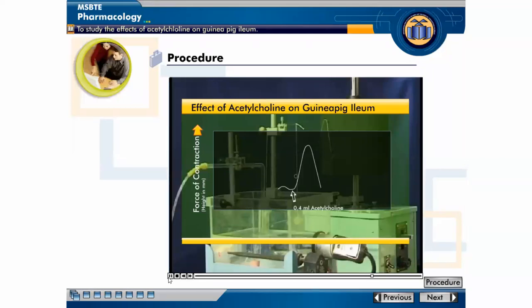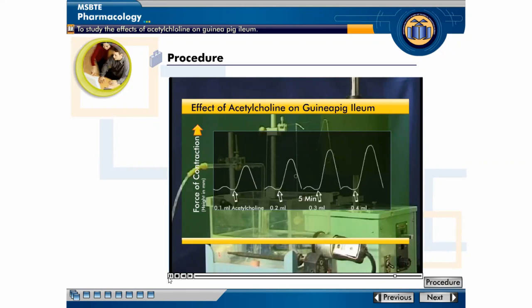0.4 ml of acetylcholine solution. For recording of every response, a 5-minute time cycle is followed. Now measure the height of each response in millimeter. Please note that height of the response is indicative of ileum contraction.